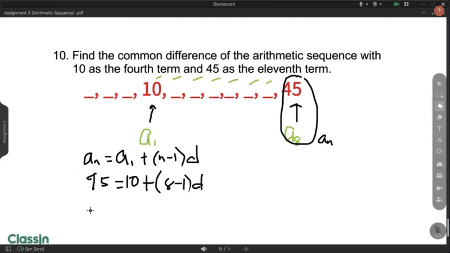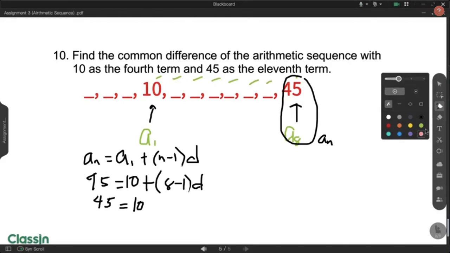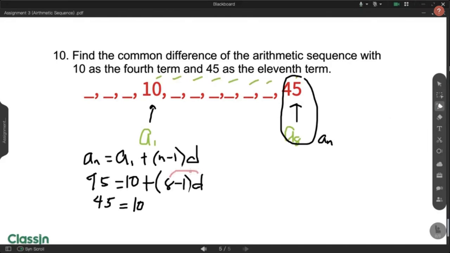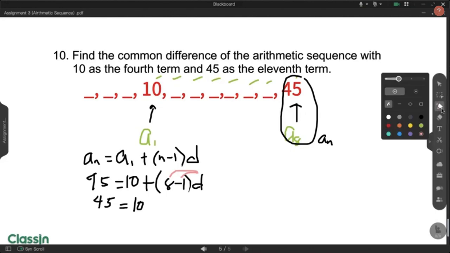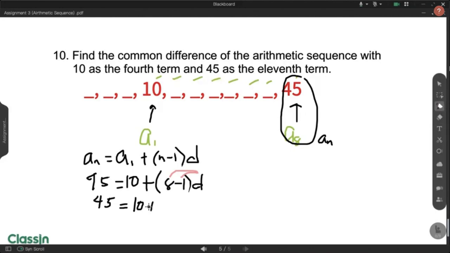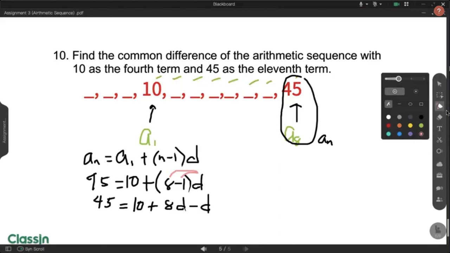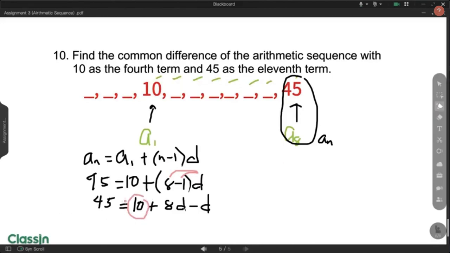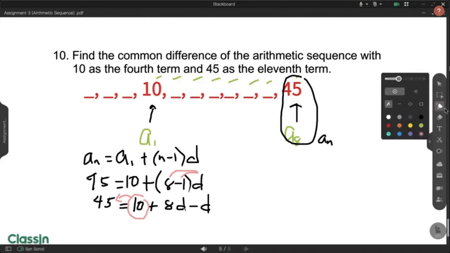Okay. 45 equals 10. Distribute d here. Okay. Now we have 8d. Yes, d times 8 is 8d. And d times negative 1 is negative d. And then let's transpose 10 there to the left side of the equation.